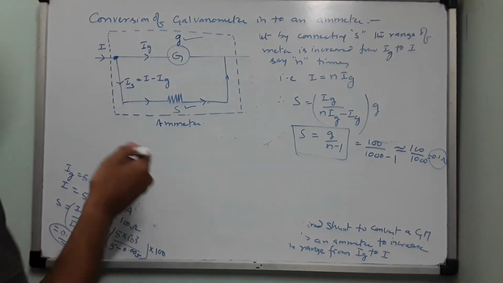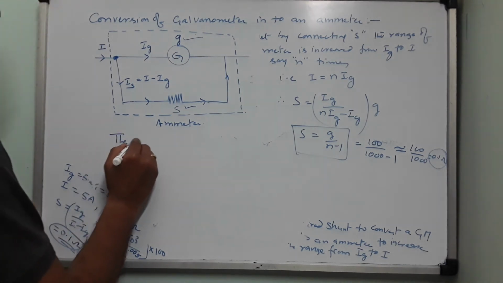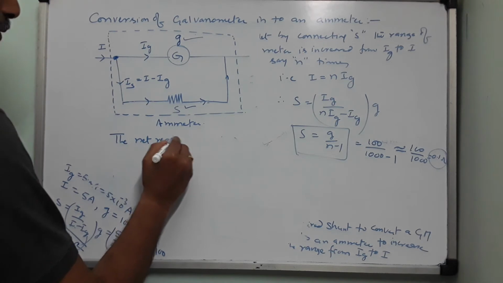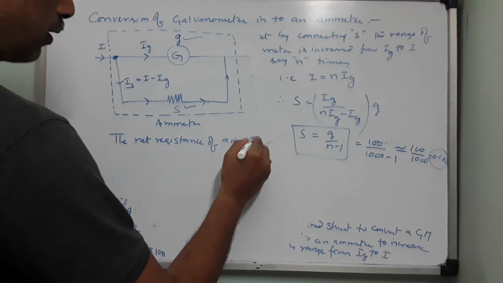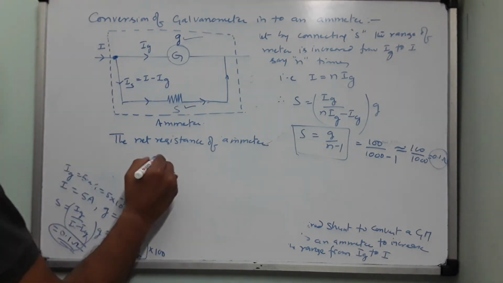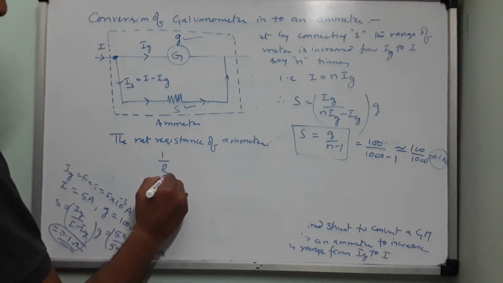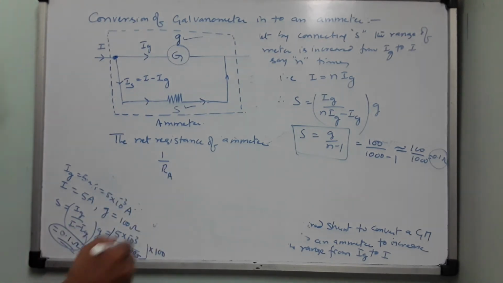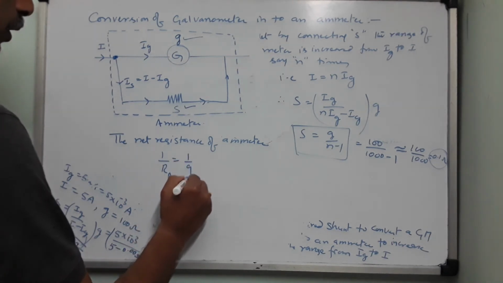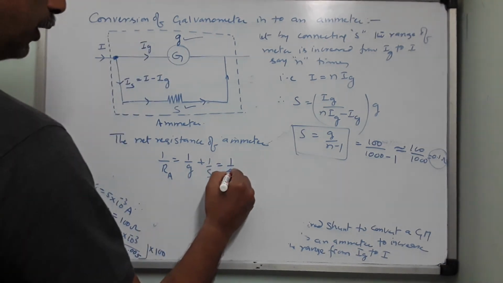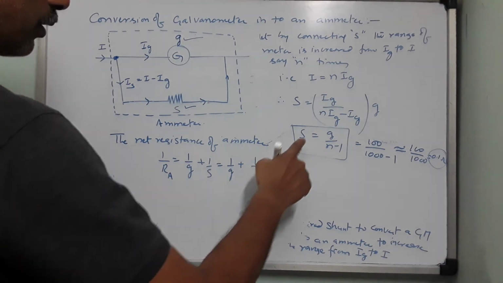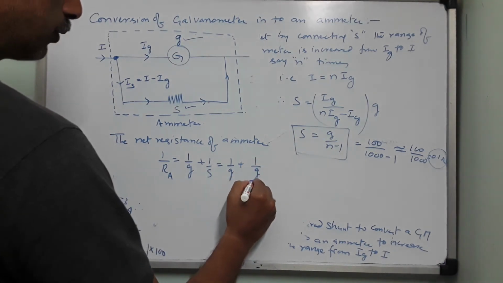The net resistance of ammeter is 1 by R of ammeter, where A stands for ammeter, is nothing but 1 by G plus 1 by S, because both of them are in parallel. So now this is 1 by G plus 1 by S, and S is nothing but G by n minus 1.